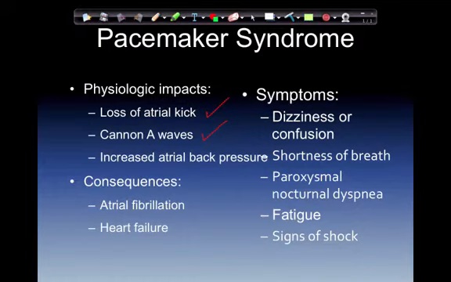Increased atrial back pressure leads to pulmonary hypertension and venous congestion. Consequences of this are going to be atrial fibrillation and heart failure. The symptoms they can get from pacemaker syndrome: dizziness and confusion, shortness of breath from loss of cardiac output, paroxysmal nocturnal dyspnea, fatigue, and then signs of shock.